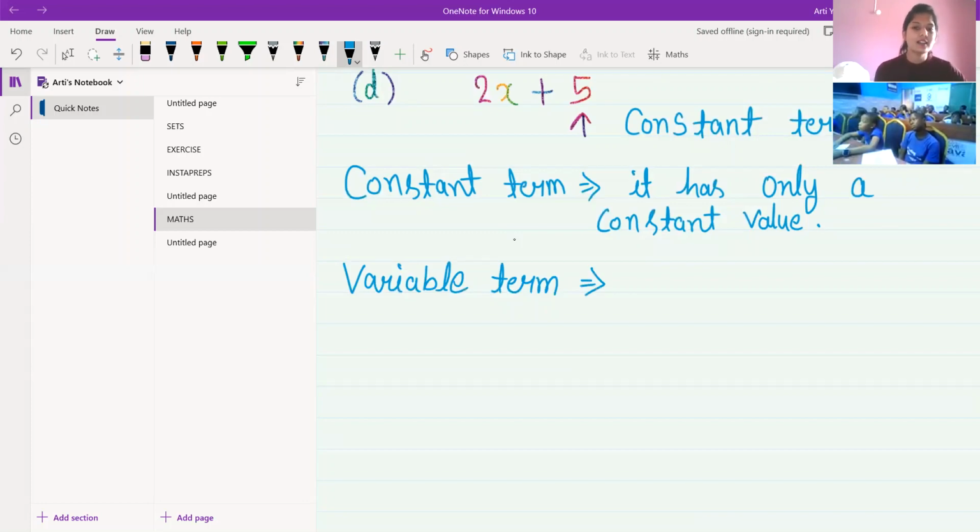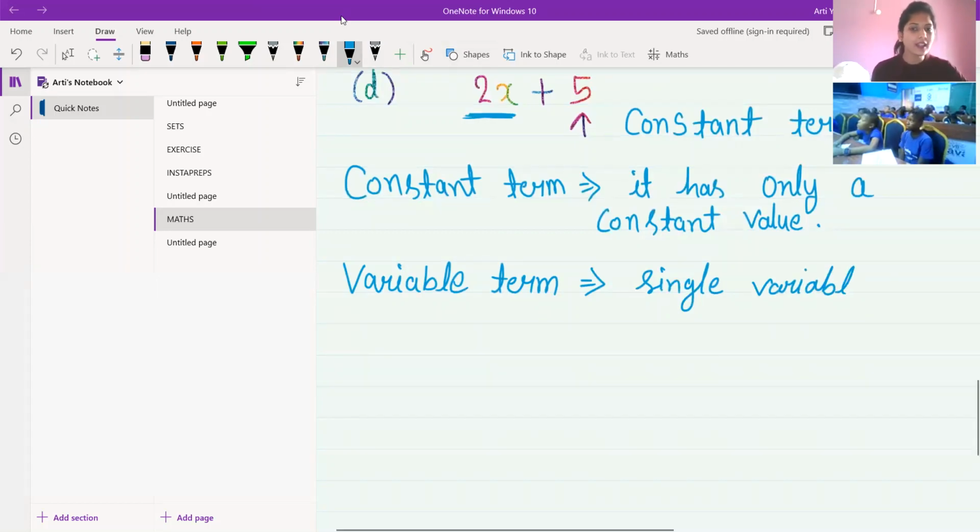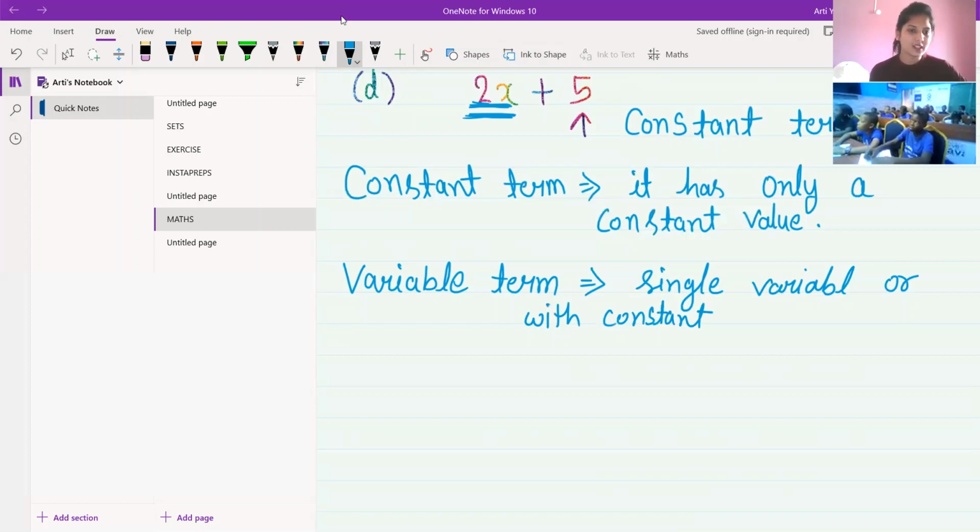There can be only a single variable also, and constant and variable can be together. But 5 is called only a constant term, while in 2x they are together with the multiplication sign. 2x means 2 into x, so 2x will be a variable term.